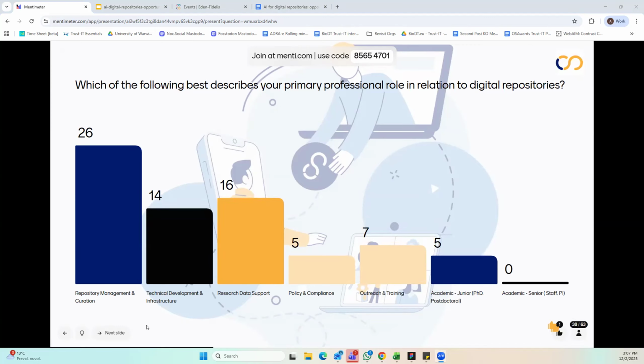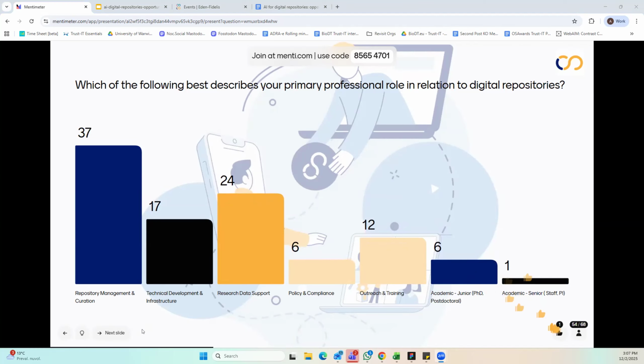All right. Well, mostly repository managers and curators. That's great because it is for the entire range of people being involved in repositories, of course, but repository managers and curators are the main audiences. That's super nice.